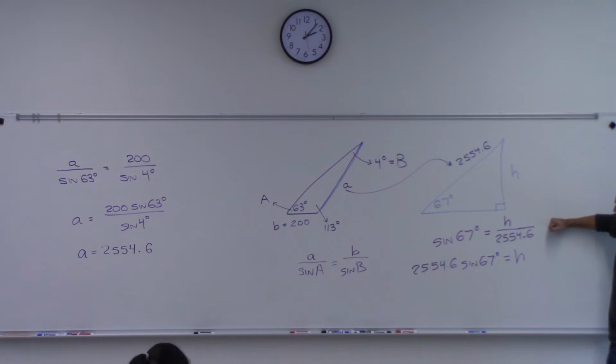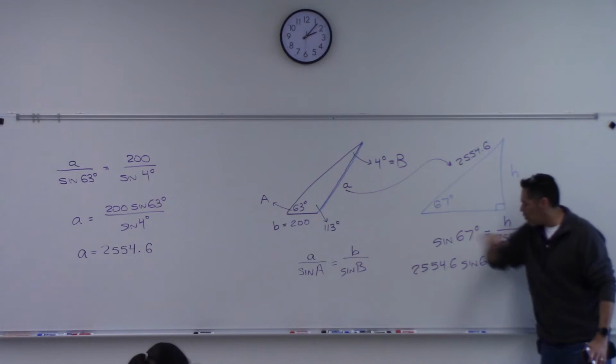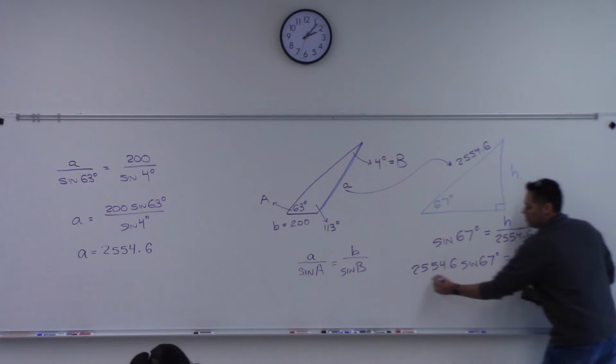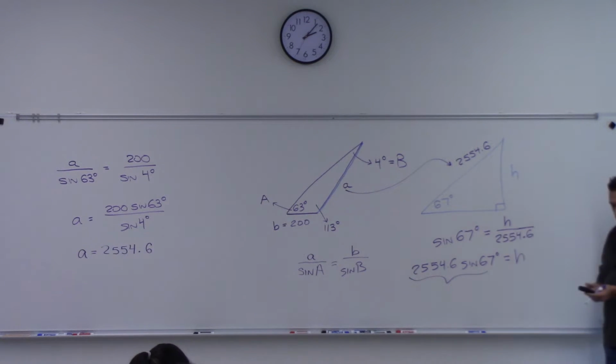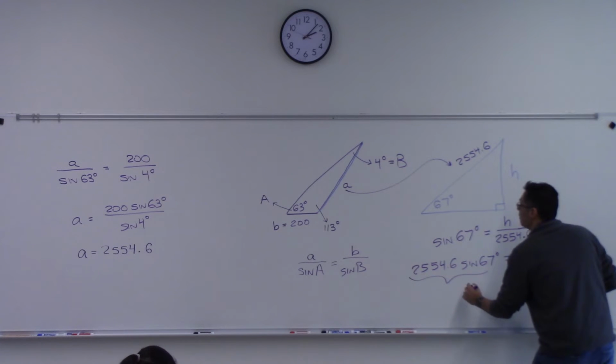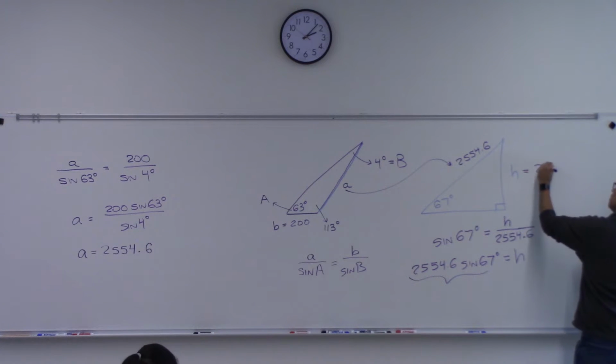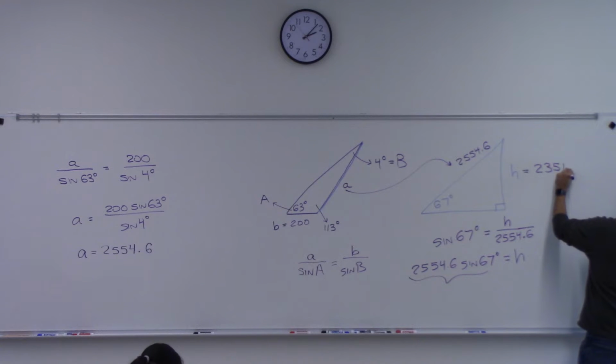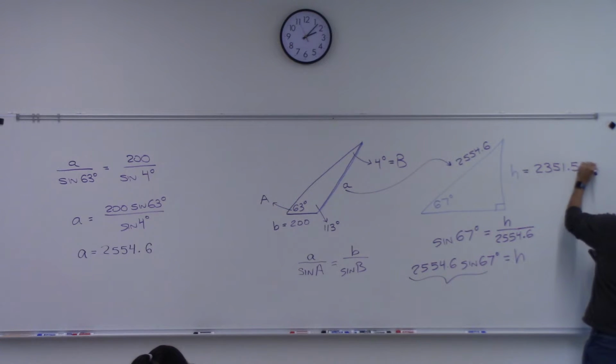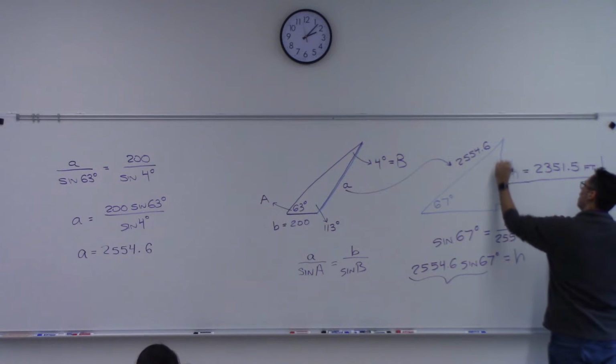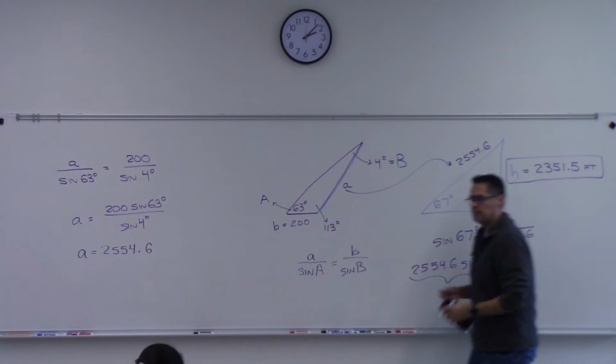I multiplied 2554.6 on this side, 2554.6 on that side, and this I'm going to do on my calculator now. 2,351.5 feet. That's how tall the mountain is.